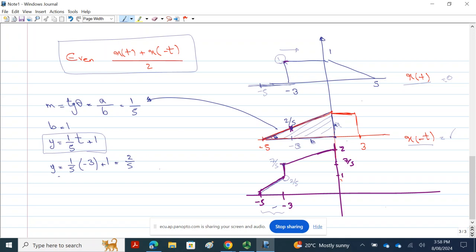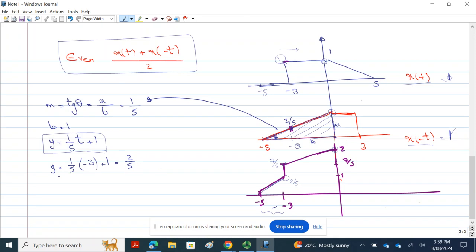And then after that, it should go up to 2. Because if you consider time 0, x(t) is 1, this point, and x(-t) is 1 as well. So if you add them together, you should sit at number 2. What should I do about the rest? Because I've done minus 5 to 0, I need to do 0 to 5 as well, right?